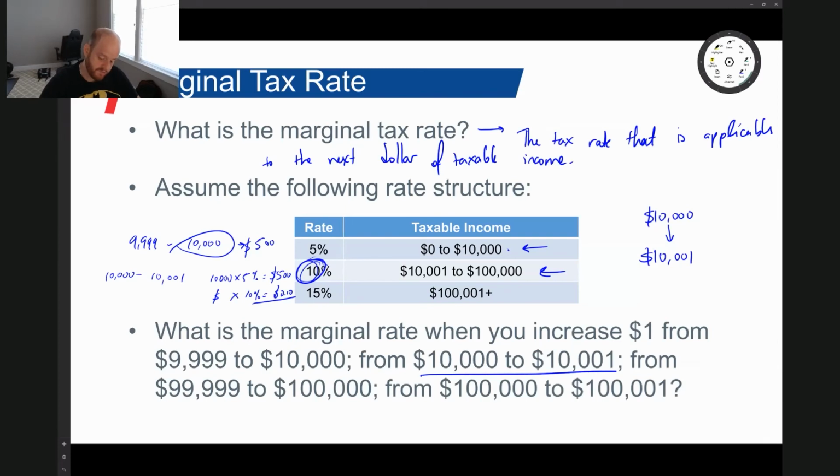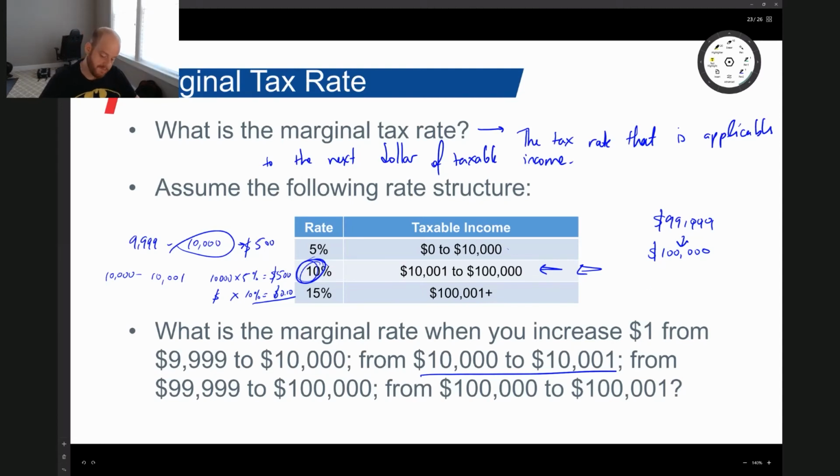Now if you go from 99,999 to 100,000, your marginal tax rate is still going to be 10%. Your additional dollar is not going to be charged at a different tax rate.